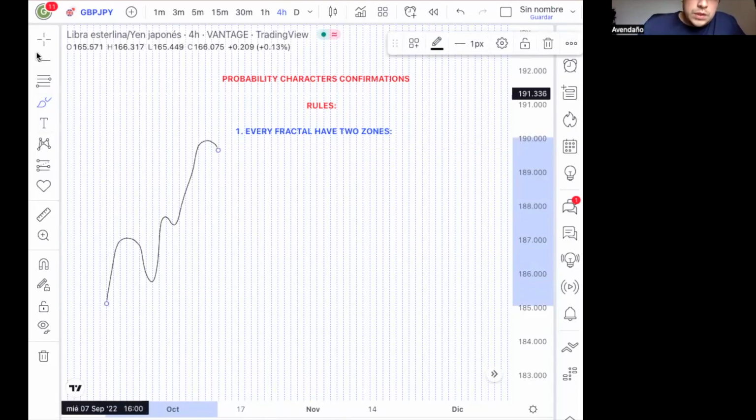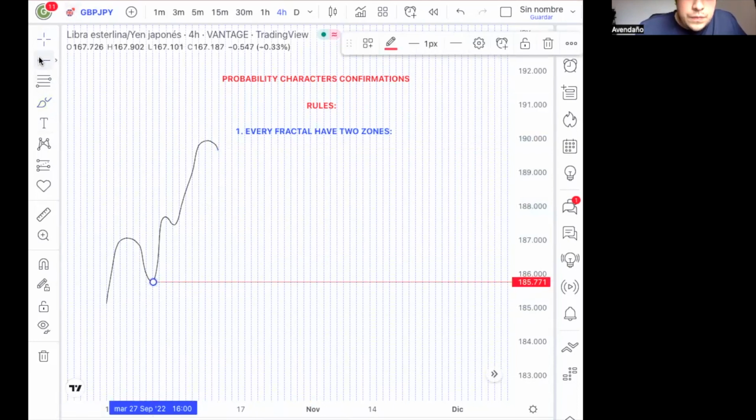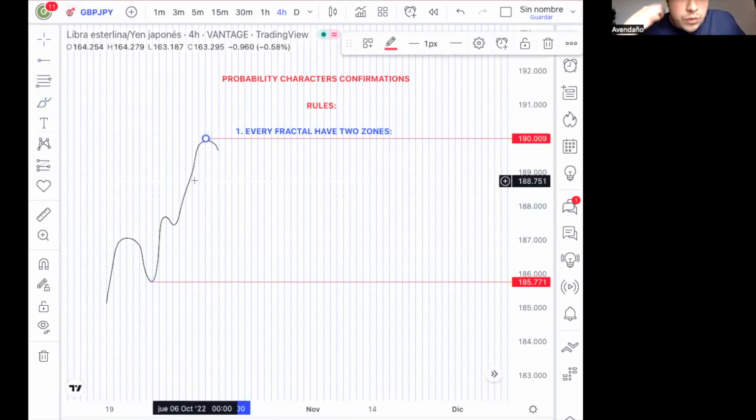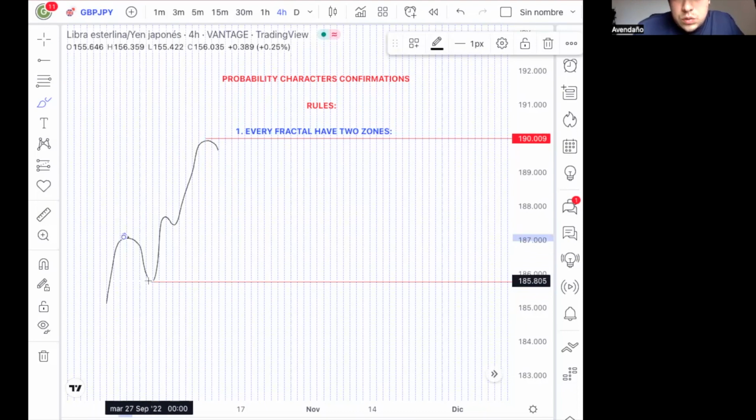So we will have this fractal. Let's say we have already applied our rules, so we have identified the previous structural point and where the price went to when it created the break. Perfect. We will see that we have two zones in this.